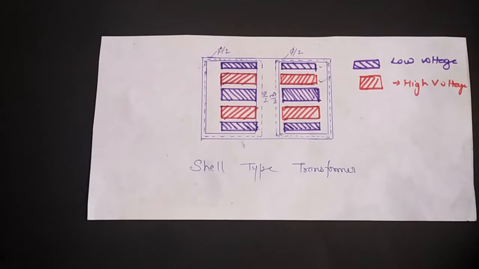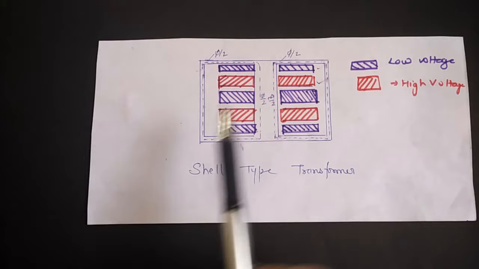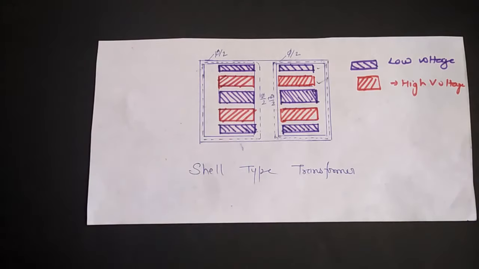In the shell type transformer, you can see it is also made up of E and I shaped laminations, which are stacked, as I have told you, to minimize the eddy current losses. The windings are placed at the center leg in order to reduce leakage.